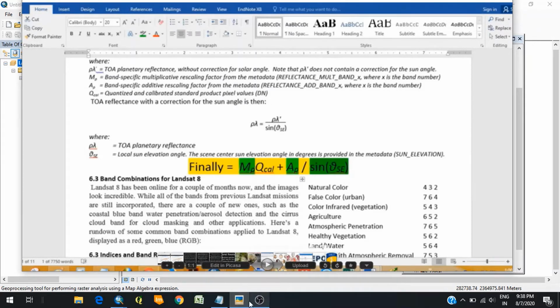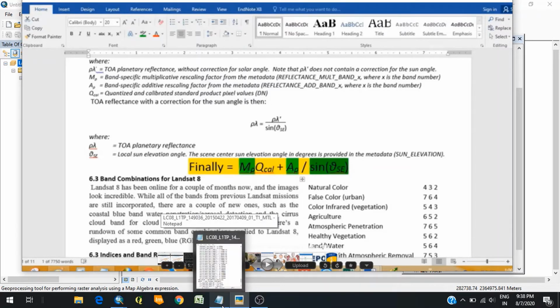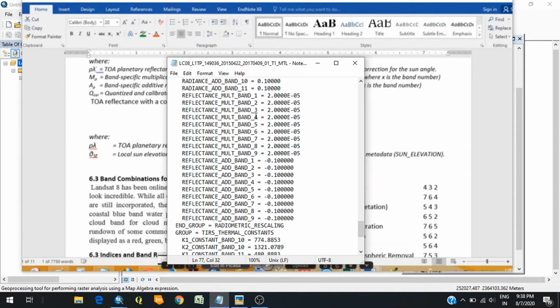So what is the multiplicative rescaling factor for this image for band 4? The reflectance multiplicative rescaling factor for band 4 is 2 into 10 to the power of minus 5, that is 0.00002, whereas the additive rescaling factor for band number 4 is minus 0.1. So we'll apply this here.